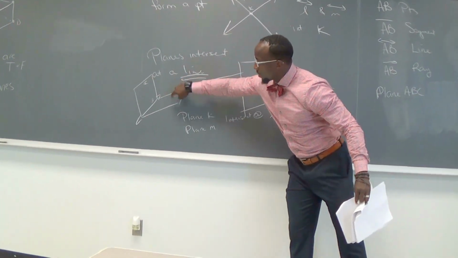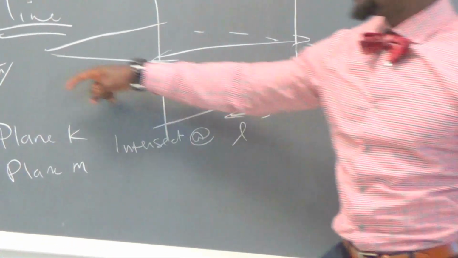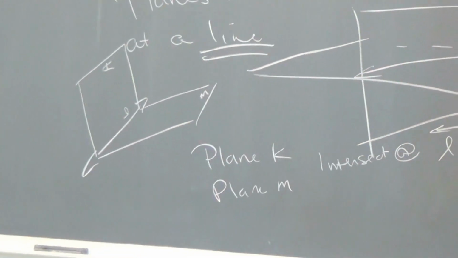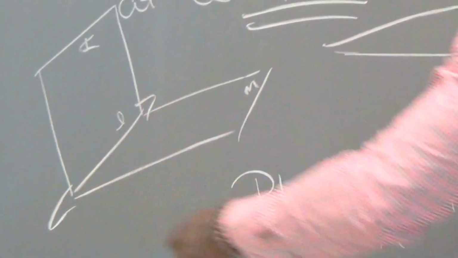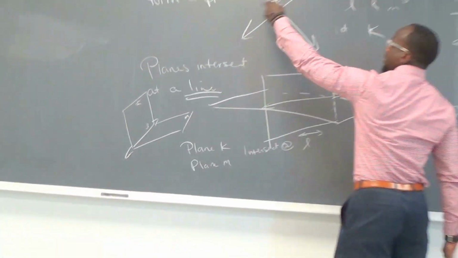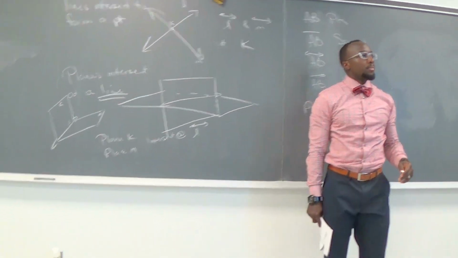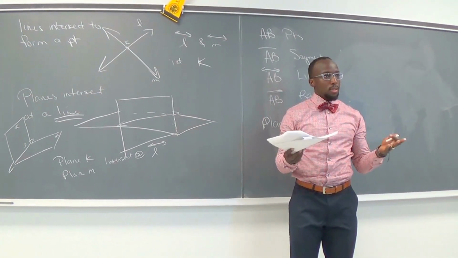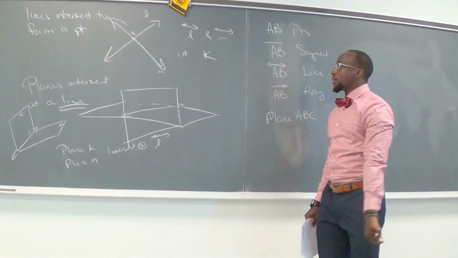Plane M intersects at line sign L. That's the intersection. So again, planes intersect to form a line. Lines intersect to form a point. Planes intersect to form a what? Line. And lines intersect to form a what? Point. Good.